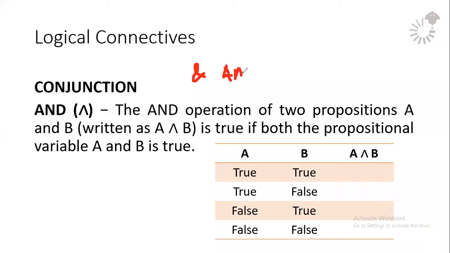If we program, sa ibang programming language, this is also acceptable as operator for logical and. And for conjunction, the truth value is true if both the propositions are true.